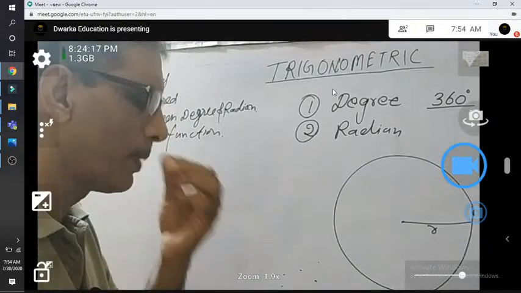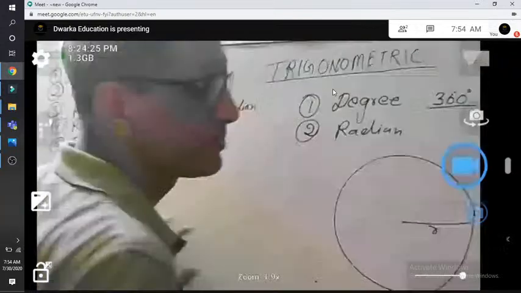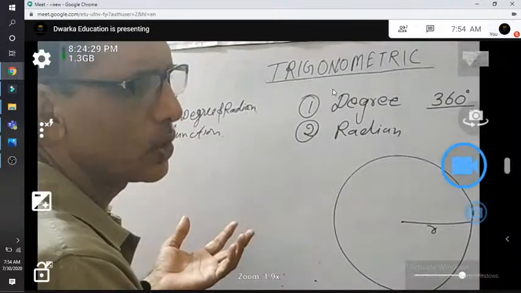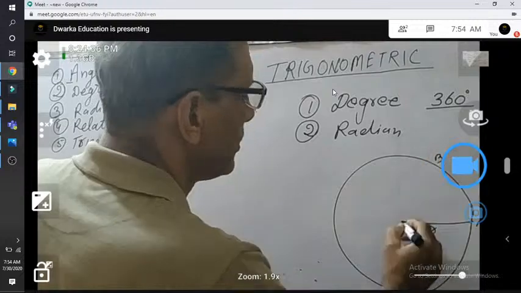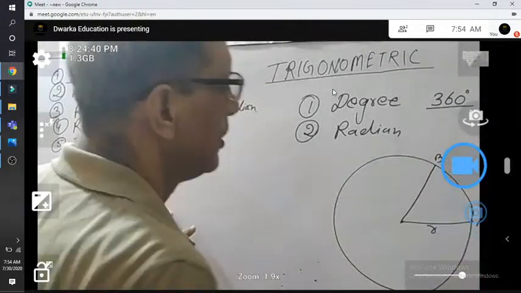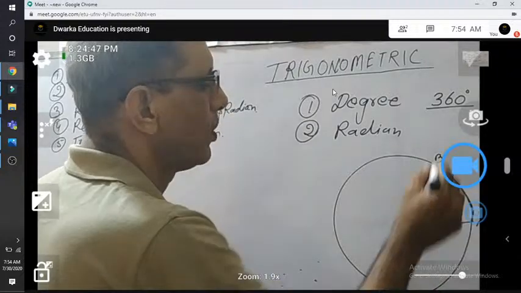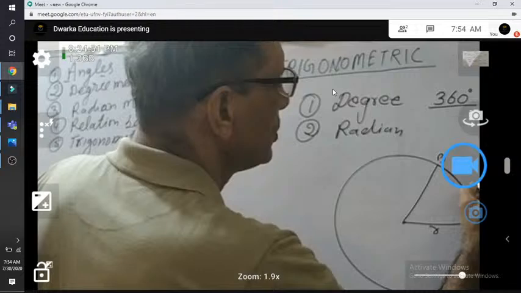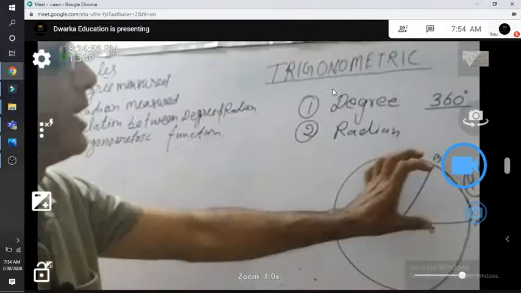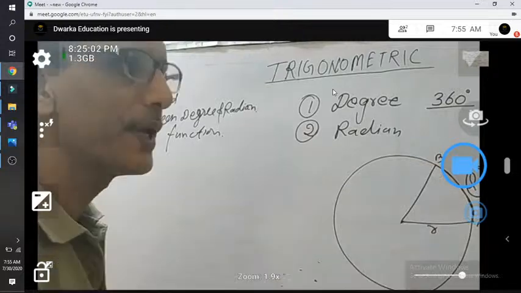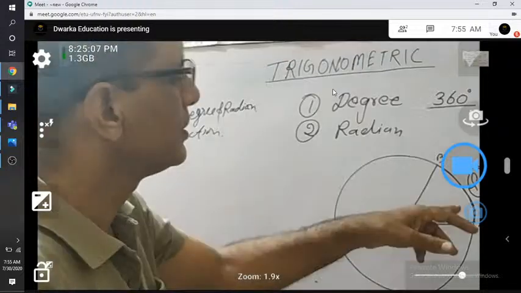But suppose this arc from point A to point B is equal to L. If we take R on this circumference, and this R is equal to L, suppose L becomes equal to R, the length of the arc becomes equal to the radius, then the arc is equal to L, or L is equal to R.